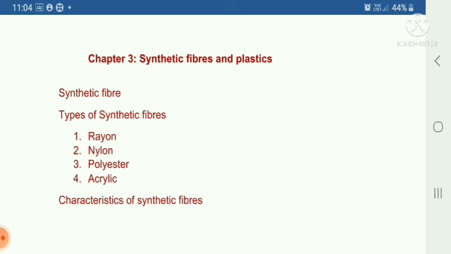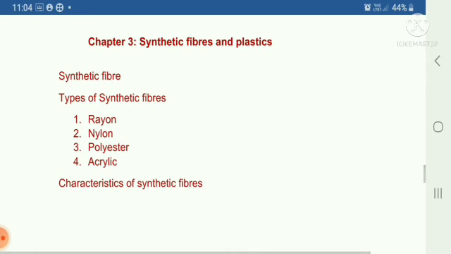The synthetic fibers are classified into four types: rayon, nylon, polyester, and acrylic. Rayon is artificial silk, and acrylic is artificial wool. And nylon and polyester also, we know, are obtained from chemicals. Yes, and also you should read the characteristics of synthetic fibers in this chapter. Okay, yes.